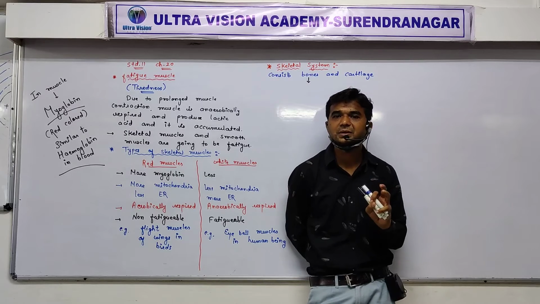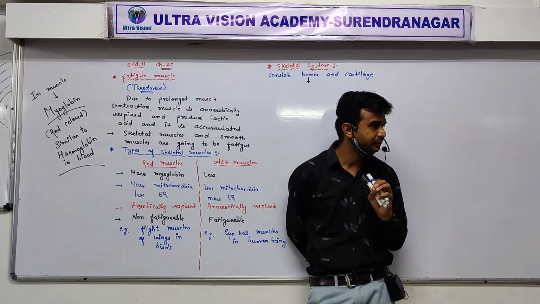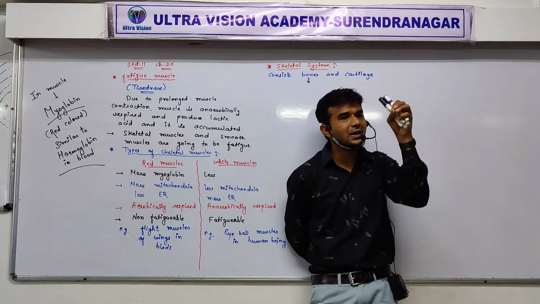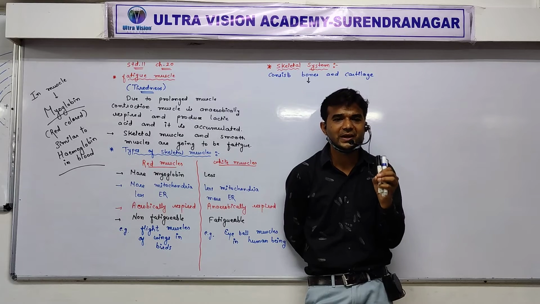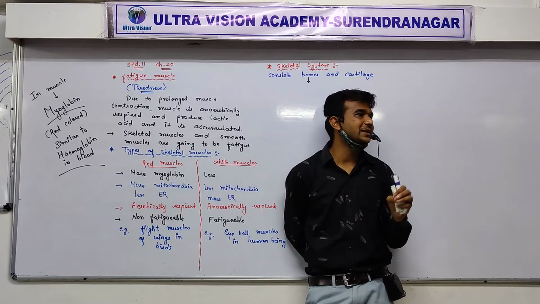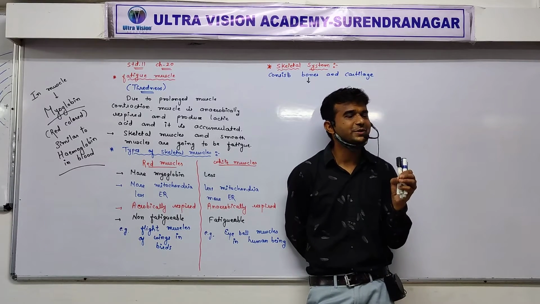Fat is generally yellowish in color. Fine. Due to deposition of fat and the yellowish color of the fat, yellow bone marrow is present. Whereas red bone marrow is reddish in color because of the richest blood supply, and it produces the RBCs.